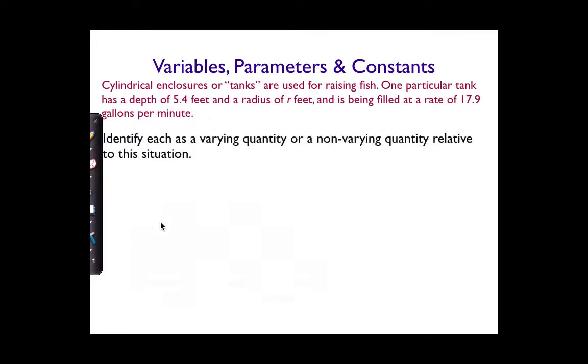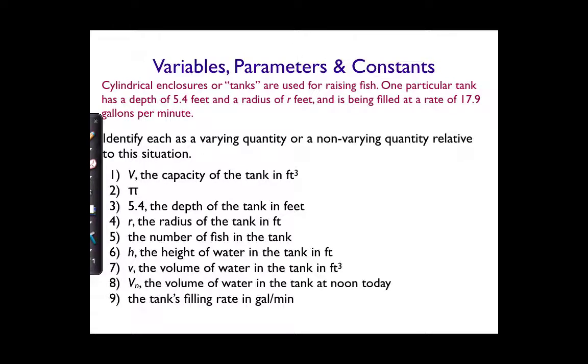But let's take a look at some examples. So suppose I have a fish tank, a cylindrical enclosure or tank used for raising fish. One particular tank has a depth of 5.4 feet, a radius of lowercase r feet, and it's being filled at a rate of 17.9 gallons per minute. There's a bunch of different expressions here, 1 through 9, that are somehow related to this situation.